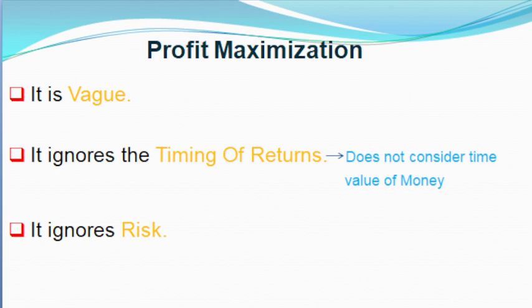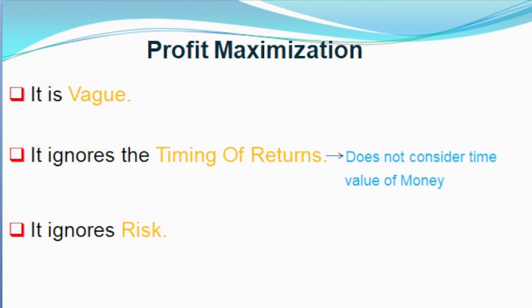How is it vague? Because here the profit is not clearly defined, which type of profit, like PAT, whether it is profit after tax or profit before tax. Which type of profit we are going to get is not clearly defined in profit maximization.